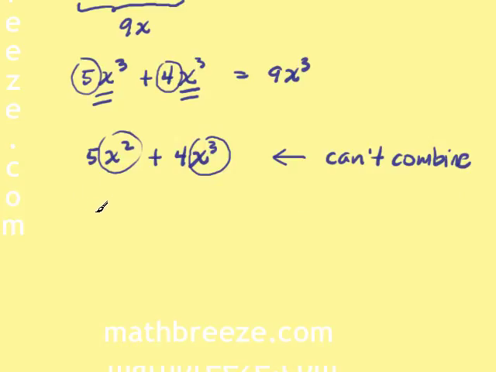One more example of like terms, we could have something like 5x cubed y squared plus 4x cubed y squared. Okay, these are like terms. We have an x cubed and an x cubed and a y squared and the y squared, same variables, same exponents. All right, so these are like terms, and we would add the coefficients in front.